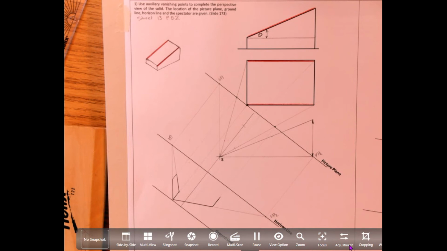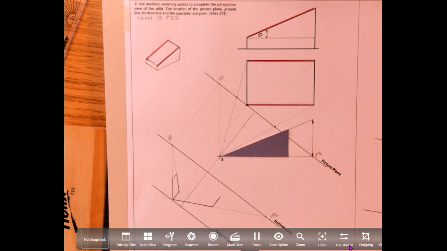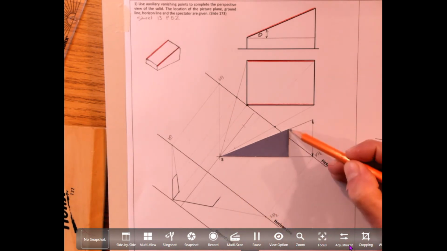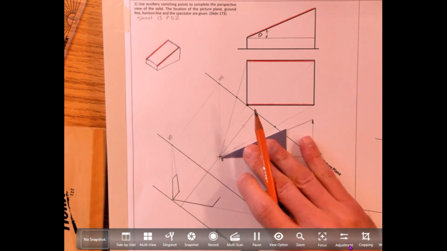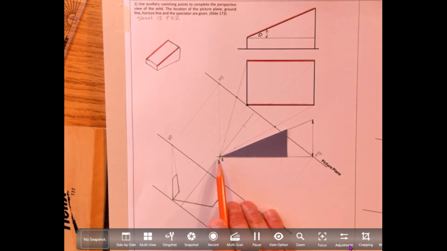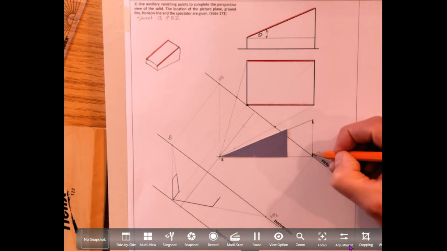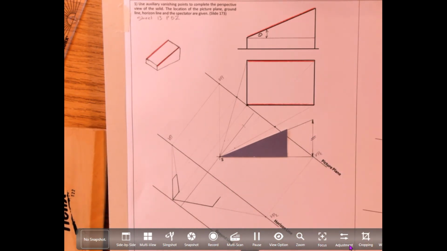So what we've done is extended out the angle and we've built a bigger triangle. So what I'm figuring out is, I know it rises this much over this distance. Now it rises this much over this distance. This is the height that we're going to take for our auxiliary vanishing point.